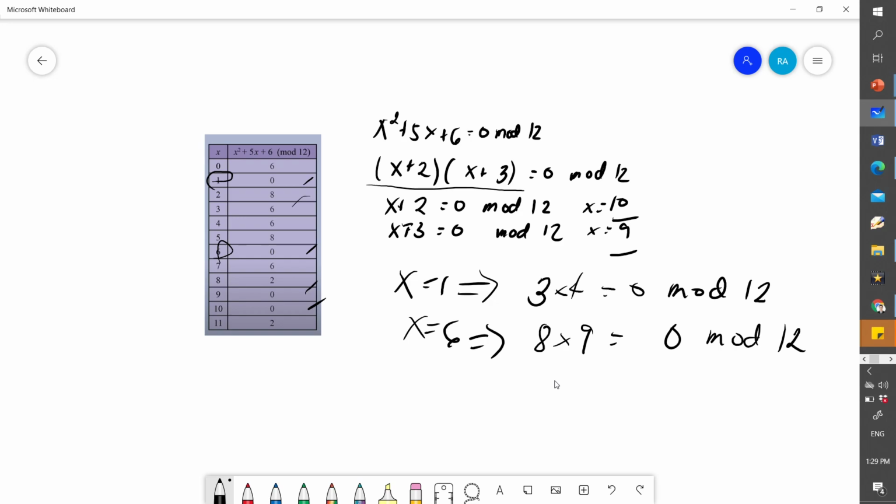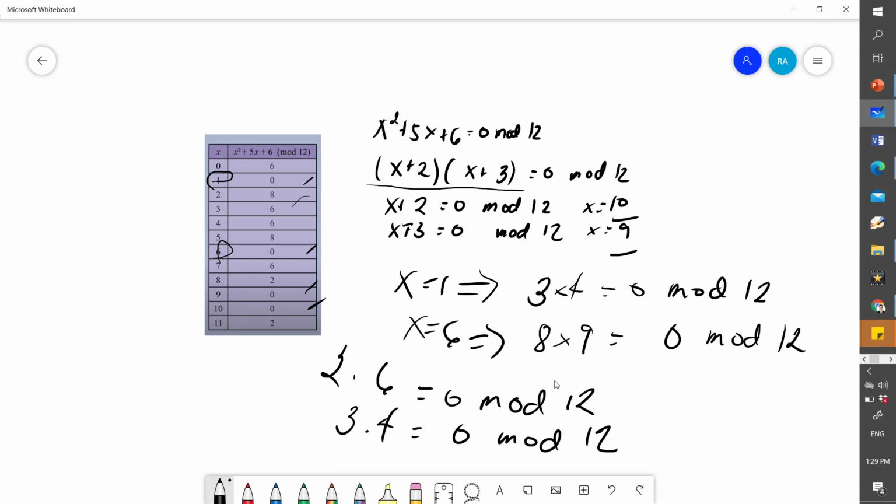So working mod 12, it's possible to multiply two non-zero values together and then we get 0. Let's say for example 2 times 6 equals 0 mod 12, and then 3 times 4 equals 0 mod 12, isn't it?